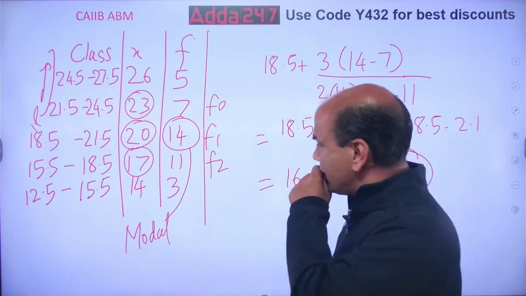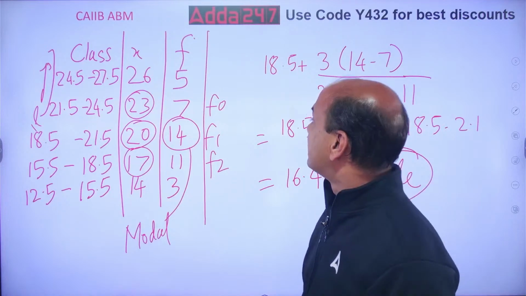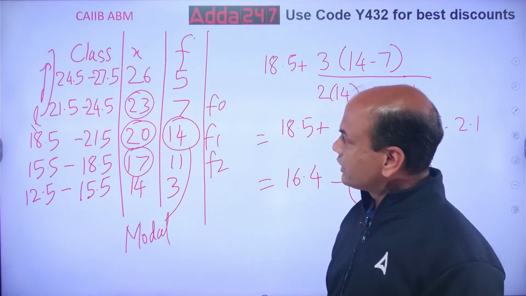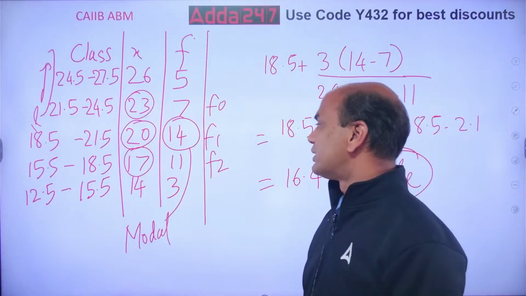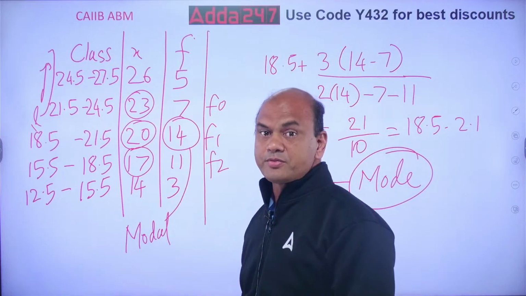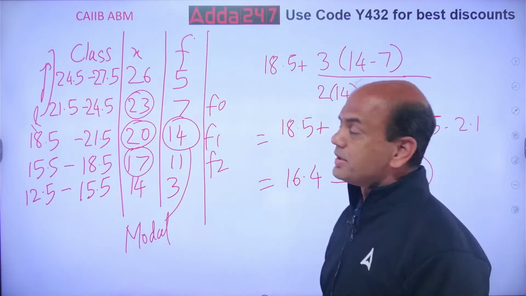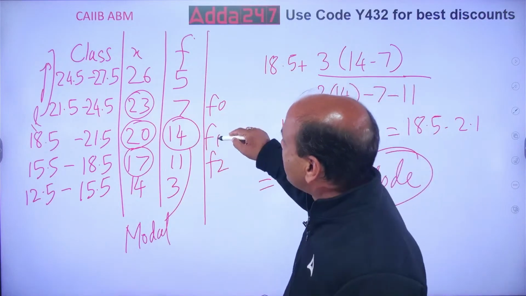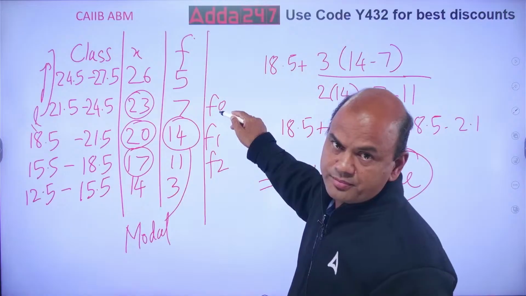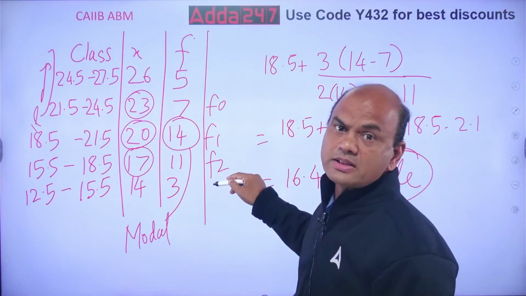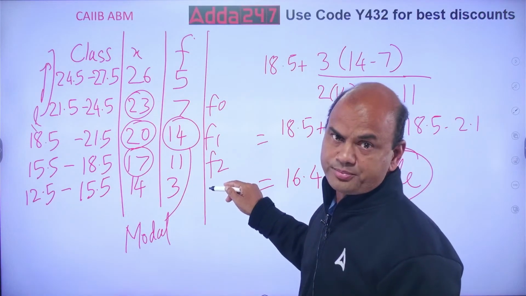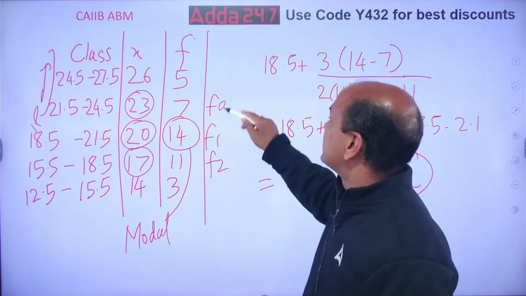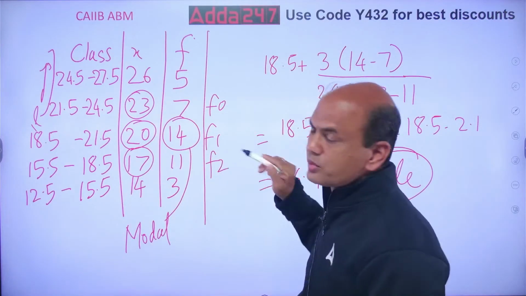Now which is the earlier one? So now what do you do? See this. This above one you can take as F0. The lower one you will take as F2. Above one as F0, lower one as F2.